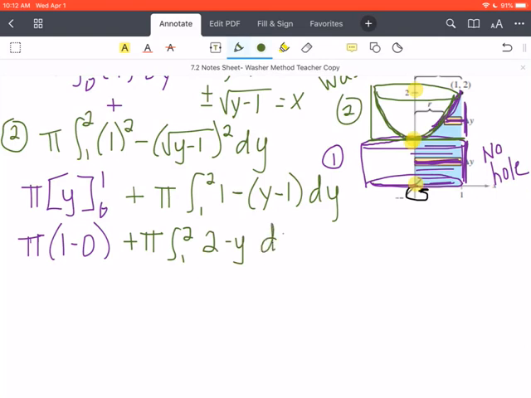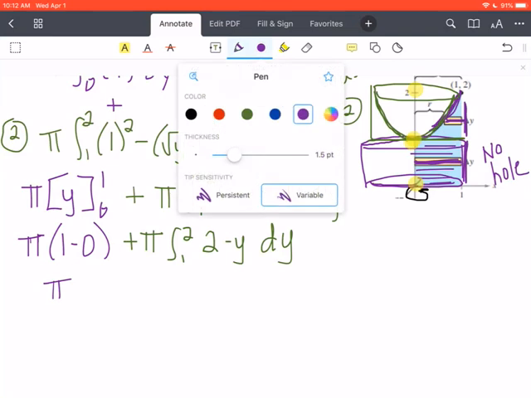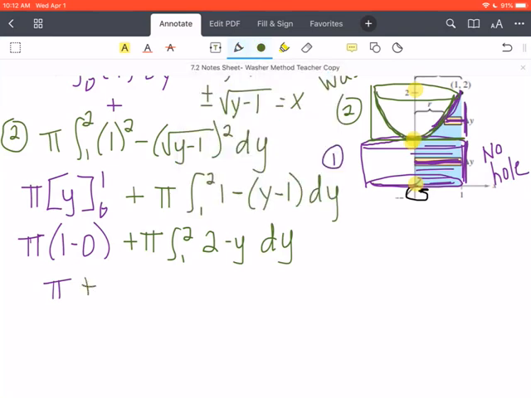Now that's going to be ready to go. Okay, so then in purple, I'm finally kind of to the end there. 1 times pi is pi. But then with my green function, I have pi, and then 2, when I integrate that, I get 2y minus 1/2 y squared, and I'm taking that from 1 to 2.